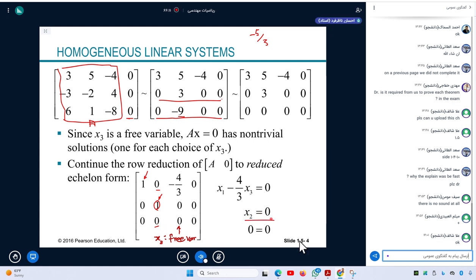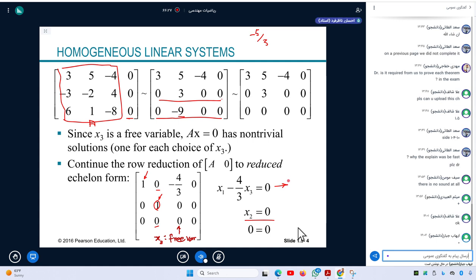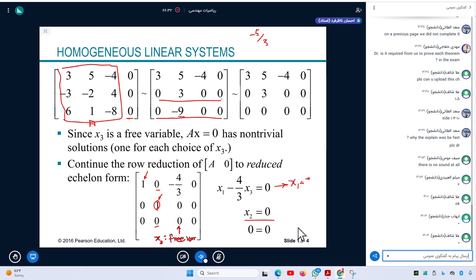So x2 is 0, x1 minus 4 by 3 x3 is 0, so you can actually have x1 equals 4 by 3 x3. Okay, that's it.